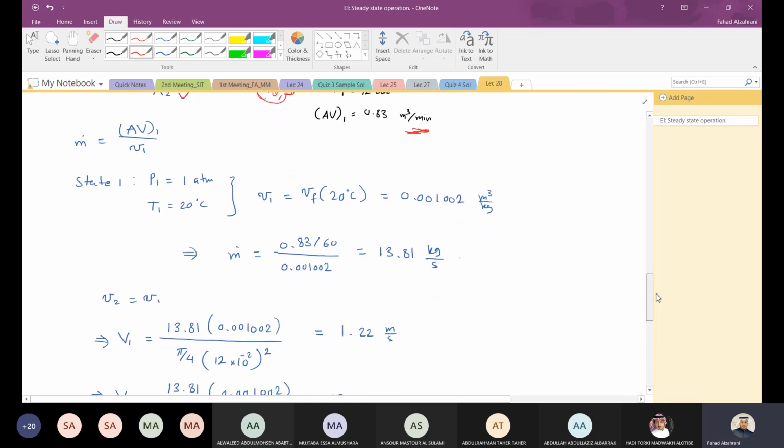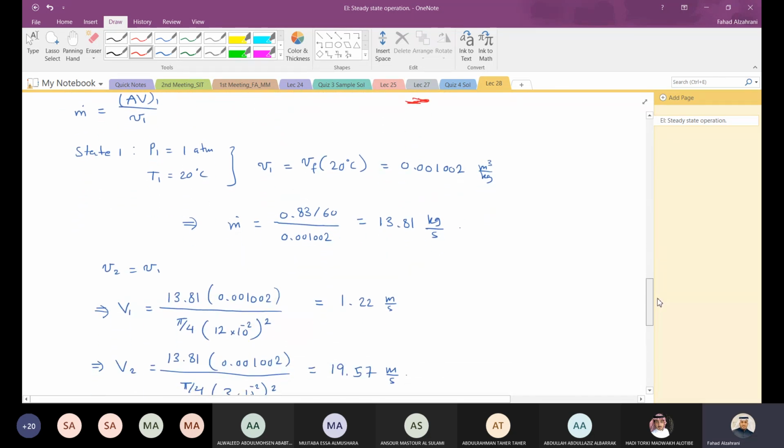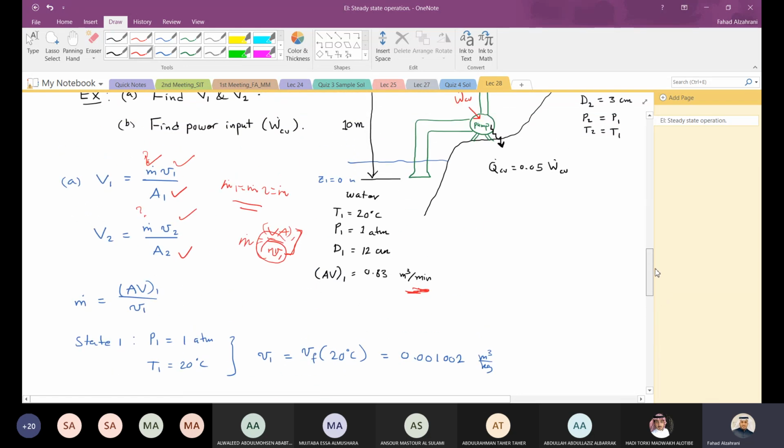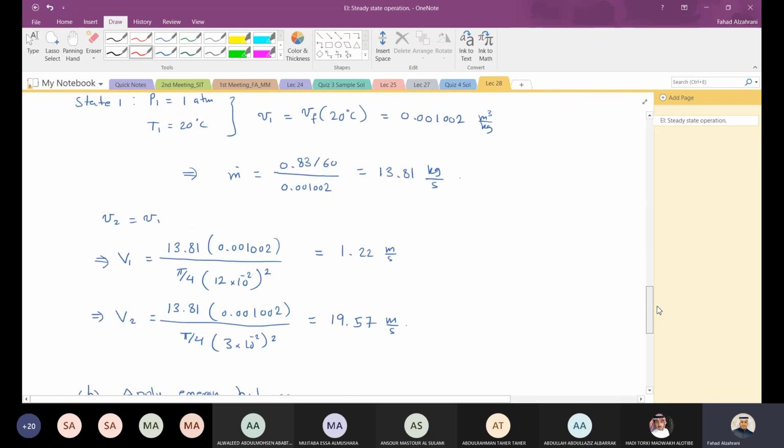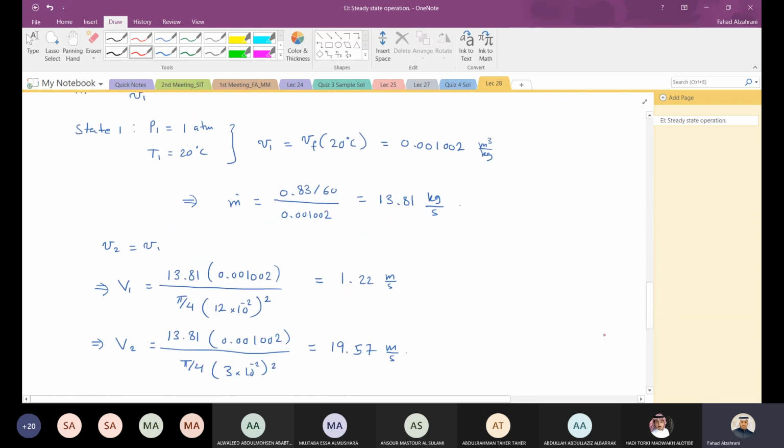So, the velocity, so now that's it. Now I have the m dot, and I have specific volume. Then I can just simply evaluate the equation for the velocities. 13.81, which is the m dot, multiplied by the specific volume divided by the area. The only thing different between V1 and V2 is the area. Here I have 12 centimeter, here I have 3 centimeter.